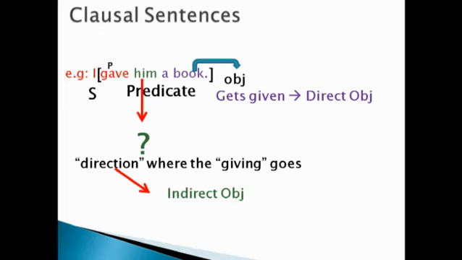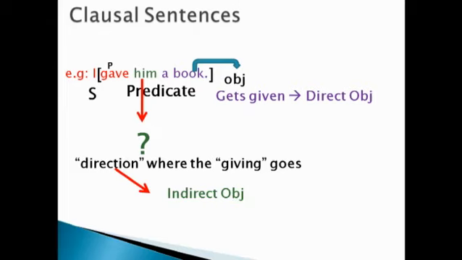Now take the case of "I gave him a book." "I" is the subject, "gave him a book" is the predicate. The predicator is "gave," and "a book" is certainly the object. Now, what is the function of "him" in this case?